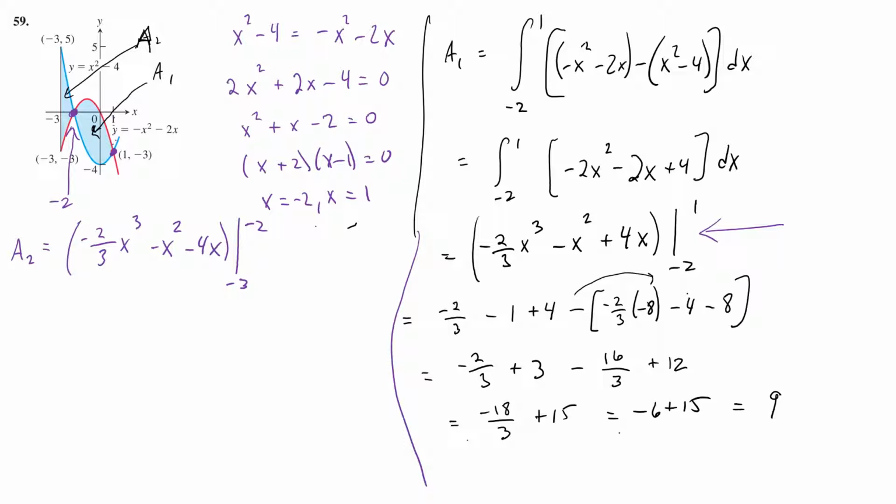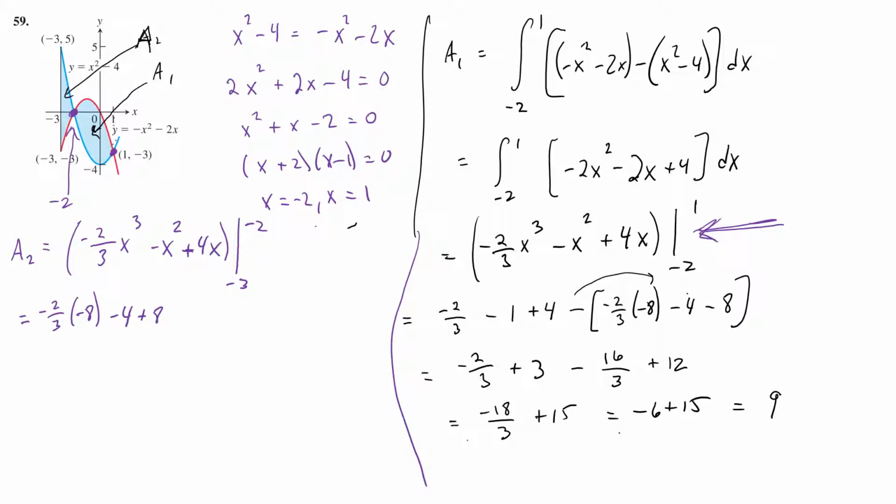So now I've got to plug in negative 2. So that'll be negative 2/3 times negative 8 minus 4 plus 8. It looks like I made a typo. I'm glad I see it right now. Looking at over here, it's a plus 4x, but I see I wrote a minus 4x, so that should be a plus sign right here.